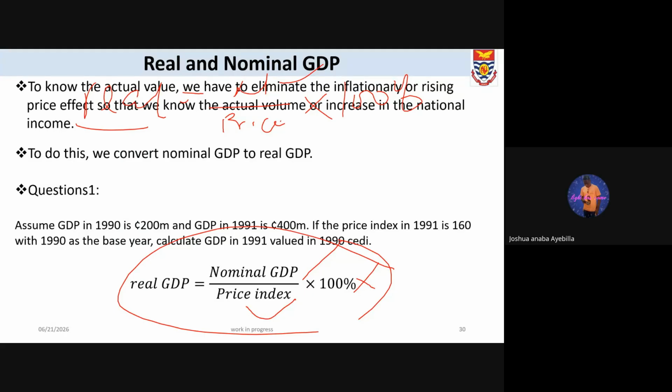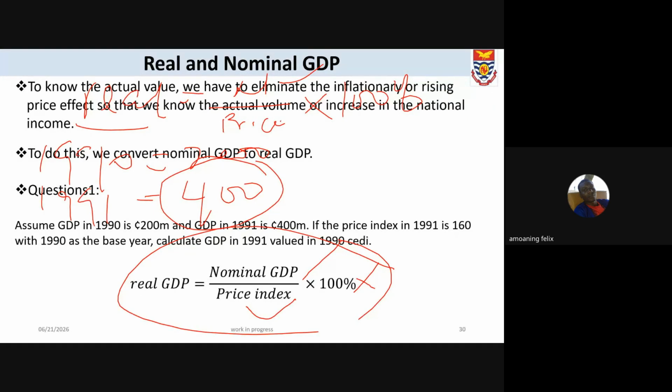Yes, please. So in 1990, our nominal GDP was 200. Okay. And in 1991, it is now 400. But this 400, we did not consider inflation.